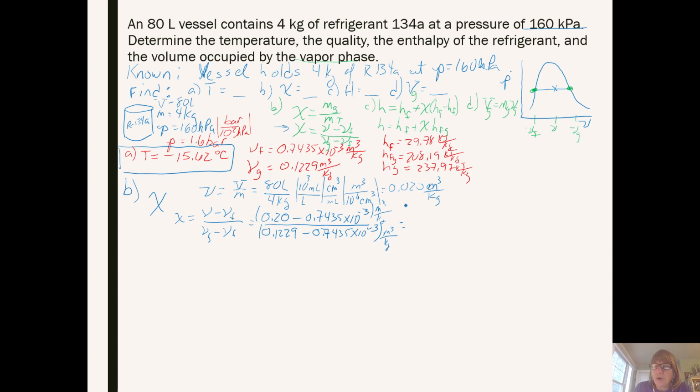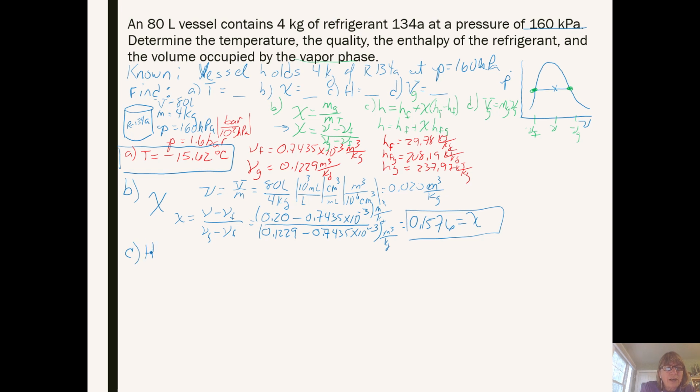And so we get our quality to be 0.1576. Okay. So that is our quality. So we can easily find it.